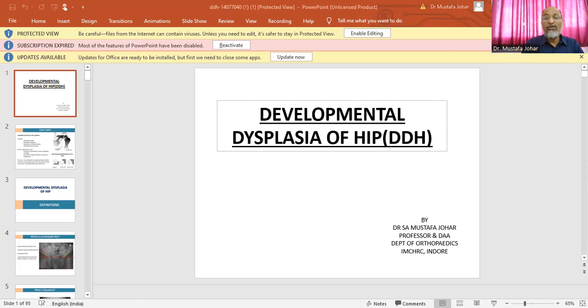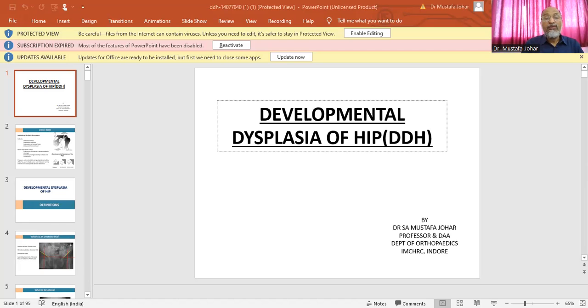Dislocations during these developmental stages are termed teratologic. That means the child is still in the womb and has not been delivered yet, and they are the result of congenital abnormal neuromuscular development of the child's muscle and neurology.